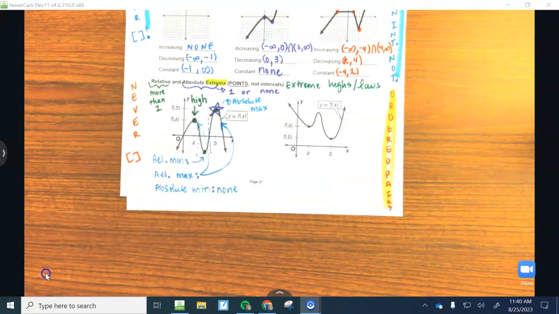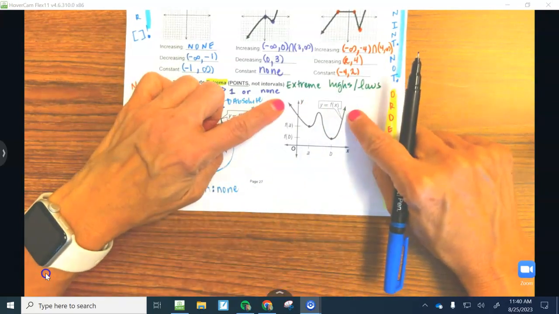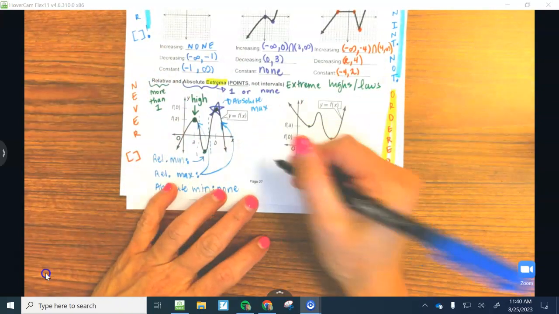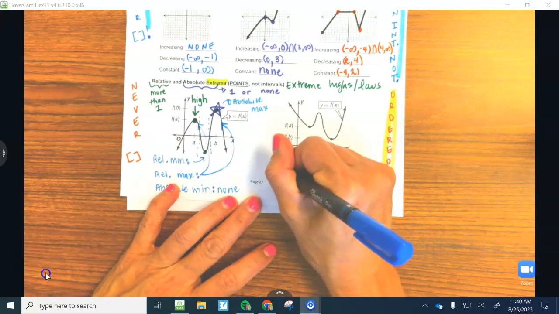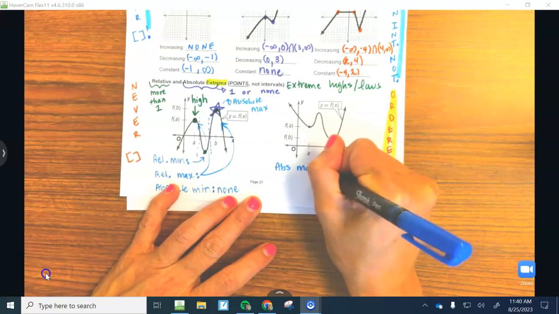All right, so if you look at this graph, it kind of looks like it's been reflected upside down according to that. But if you notice, this goes up forever. Of course, when they go up forever, there's no such thing as an absolute maximum. So I can go ahead and write for absolute maximum, there's none.